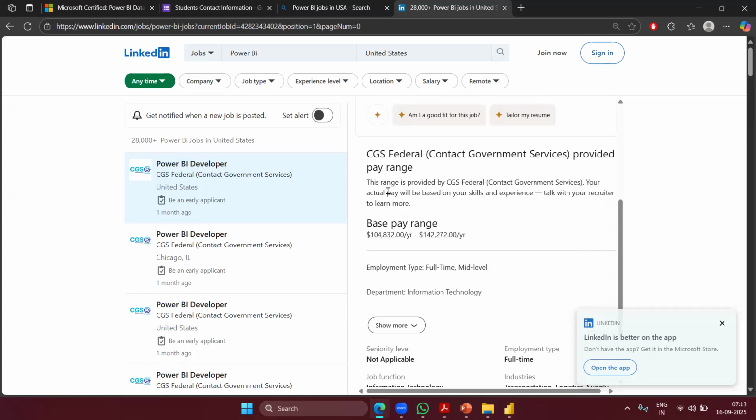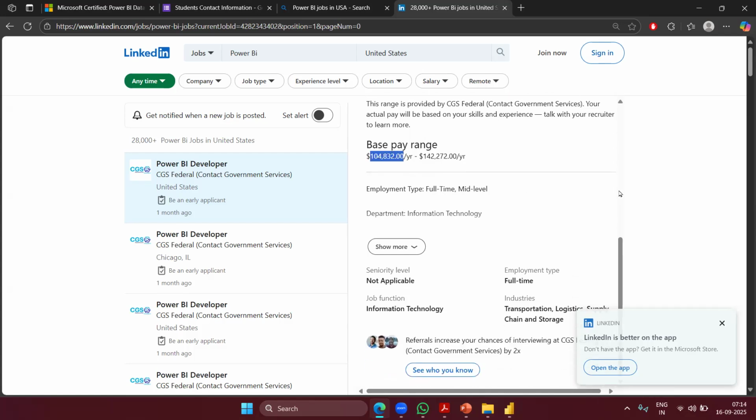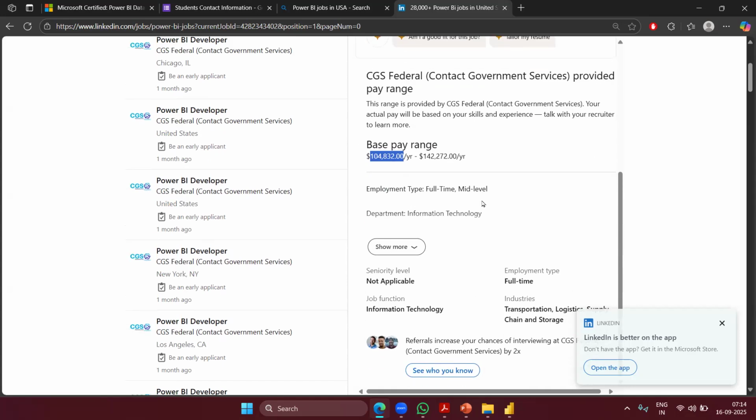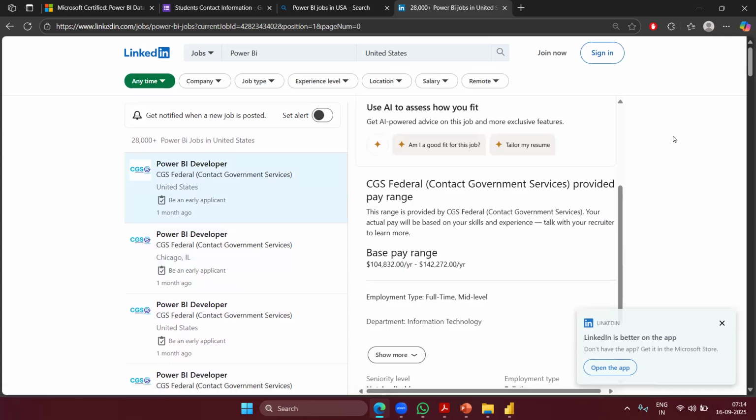See, CGS Federal, Contact Government Services. What is the pay range? 104K per year to 142K. So it depends upon the experience and the expertise that we are putting into the course. And if you see further, are all the jobs related to CGI?